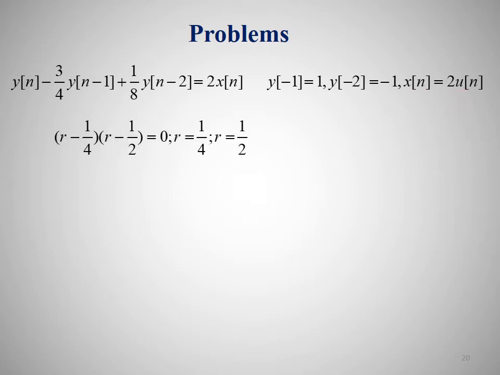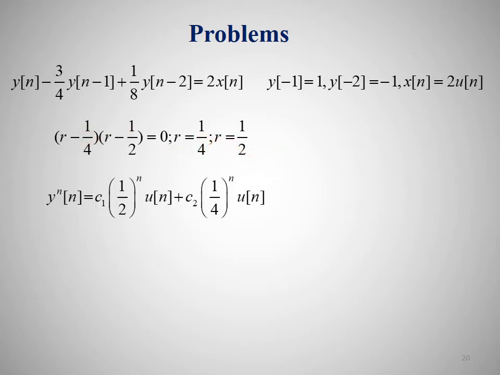The characteristic roots are 1 by 4 and 1 by 2. Thus, the solution for such a problem in the natural response case, which is the question asked, is yn of n is equal to c1 (1 by 2) power n u of n plus c2 (1 by 4) power n u of n.